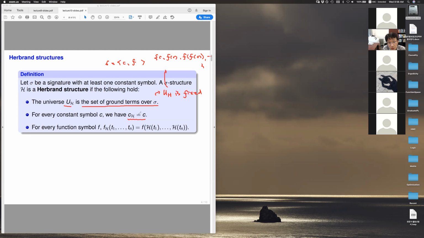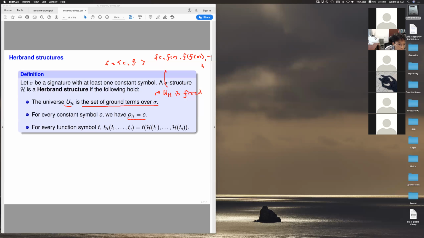So it's an infinite set. Now what this second clause tells us is that the interpretation of C under this universe is that C gets mapped to the element C in this set of ground terms.